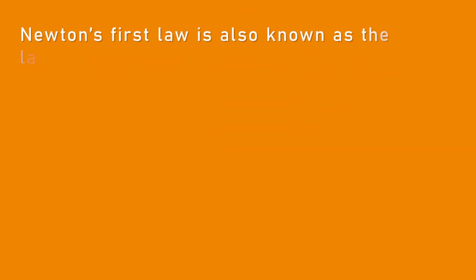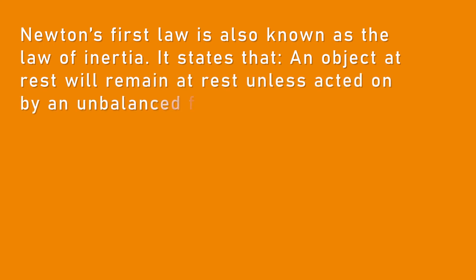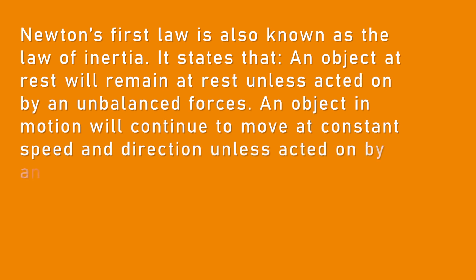Newton's first law is also known as the law of inertia. It states that an object at rest will remain at rest unless acted on by an unbalanced force. An object in motion will continue to move at constant speed and direction unless acted on by an unbalanced force.